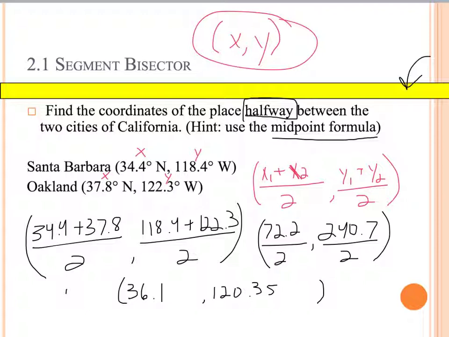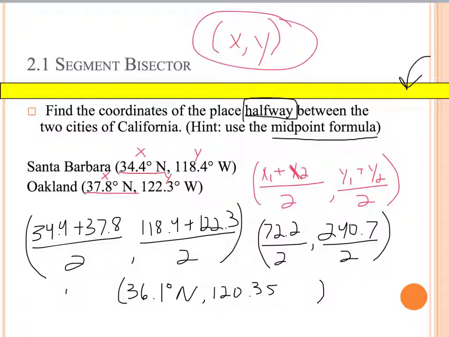Why is that going to be incorrect? Think about it. Labels. You need your label, okay? So we need to talk about our x-coordinate is not just a coordinate. It's talking about degrees north. Look at the problem, 34.4 degrees north, 37.8 degrees north. So our answer is going to be degrees north.